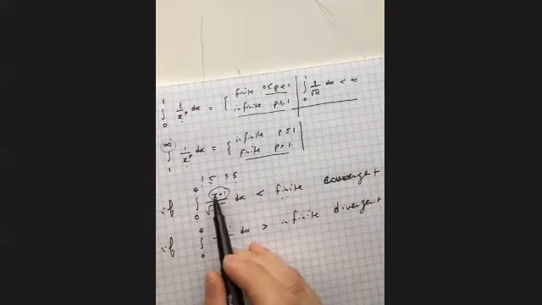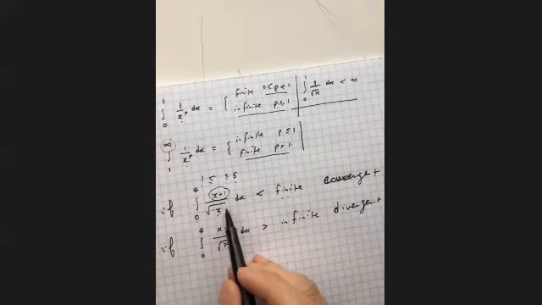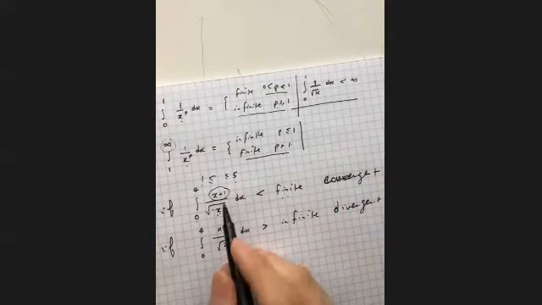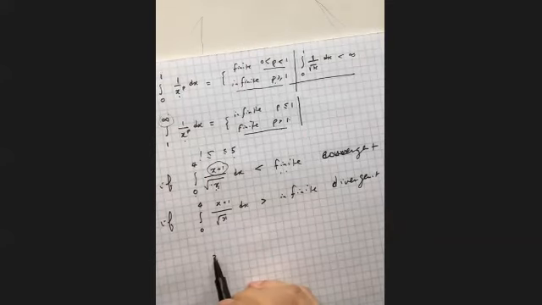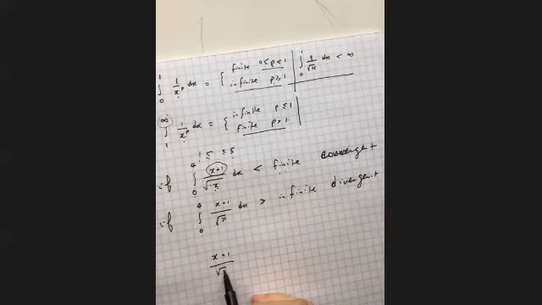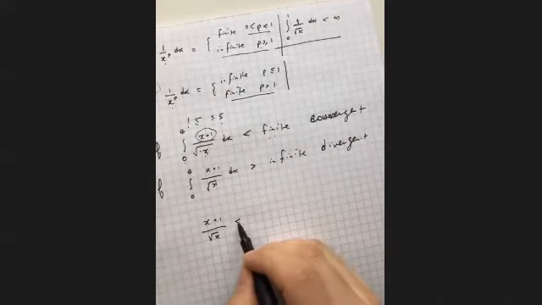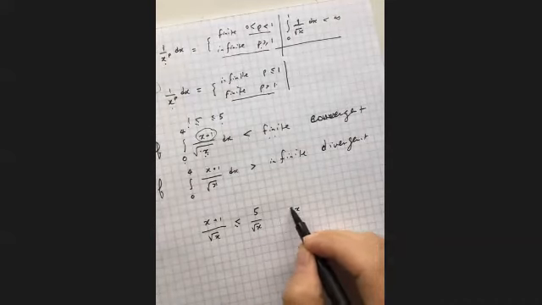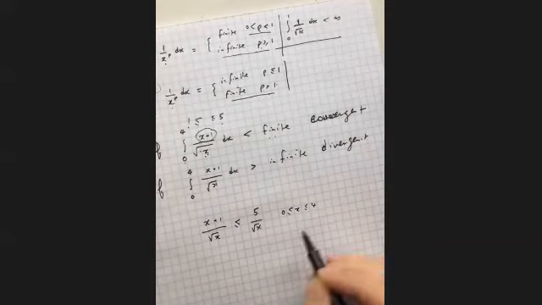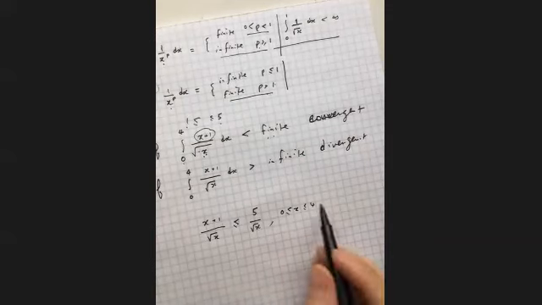This is the reason why this is an improper integral. So once we have these, how do we determine which one we are comparing this to? By noticing that x plus 1 over root x is smaller than or equal to 5 over root x, when x is in between 0 and 4, right? In this range, you have this inequality.